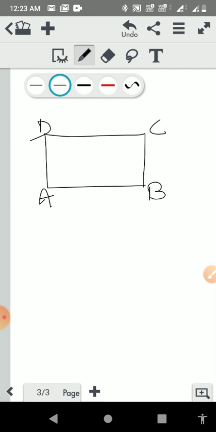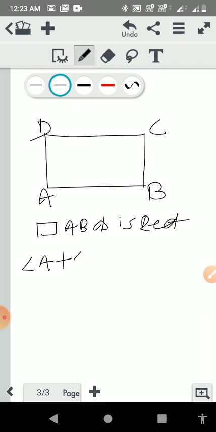So considering this quadrilateral ABCD is a rectangle, we can say that angle A plus angle B plus angle C plus angle D equals 360 degrees, since each angle is 90 degrees in a rectangle, isn't it?